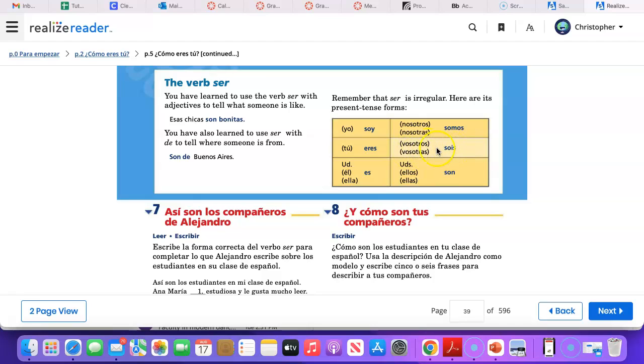We will not cover vosotros because it's used predominantly in Spain, not in Mexico, not in Central America, not in South America, the places that you're more than likely going to use your Spanish, or the people from those parts of the world with whom you'll use your Spanish don't really use vosotros.